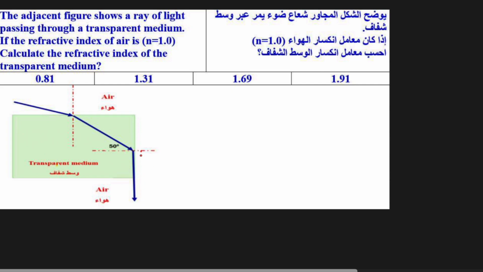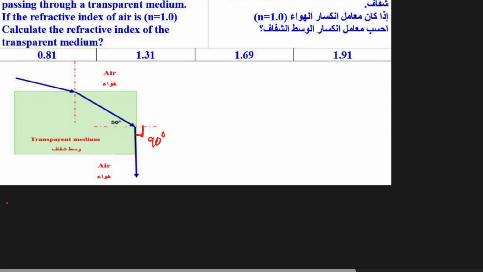So what this means is we can assume that this angle is 90 degrees, therefore 50 is the critical angle. And what do we know about the critical angle? Theta c is equal to sine inverse of n2 divided by n1. And the nice thing here is this is satisfied because n2, air, is indeed less than n1.